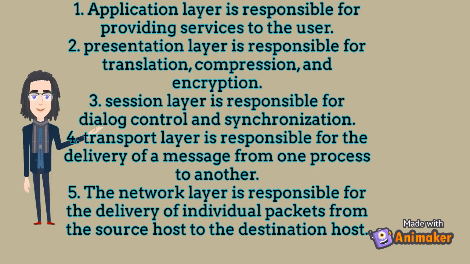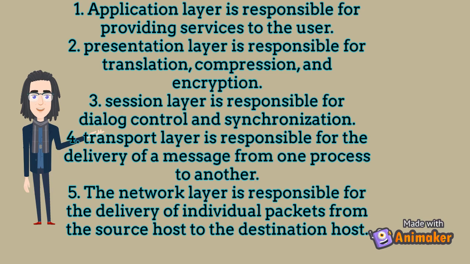So what do these layers do? The application layer is responsible for providing services to the user. The presentation layer is responsible for translation, compression, and encryption, while the session layer is responsible for dialog control and synchronization. The transport layer is responsible for the delivery of a message from one process to another.